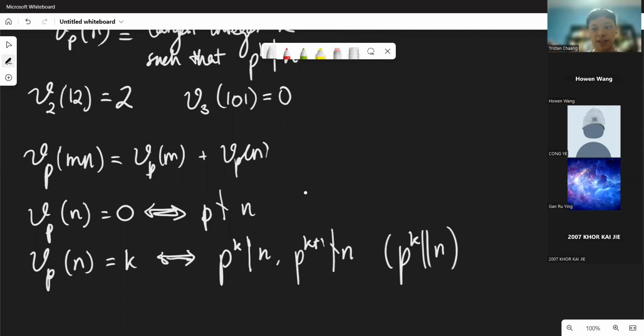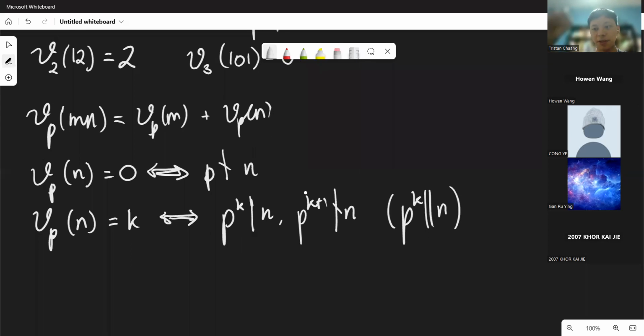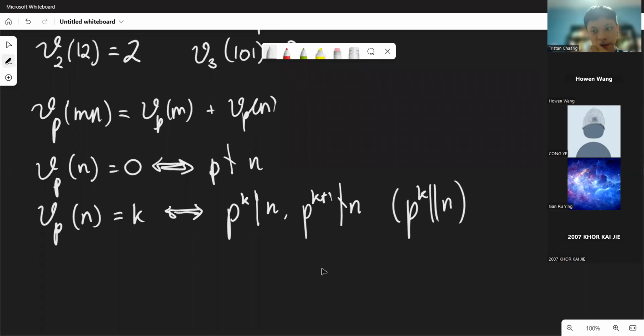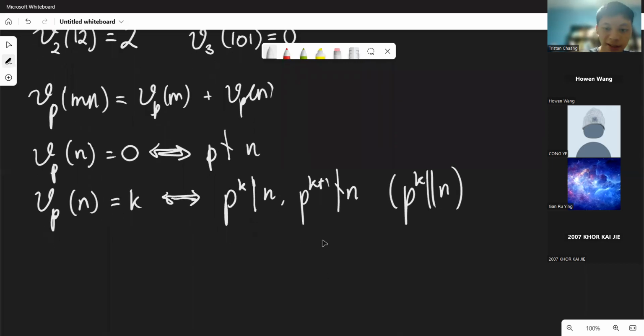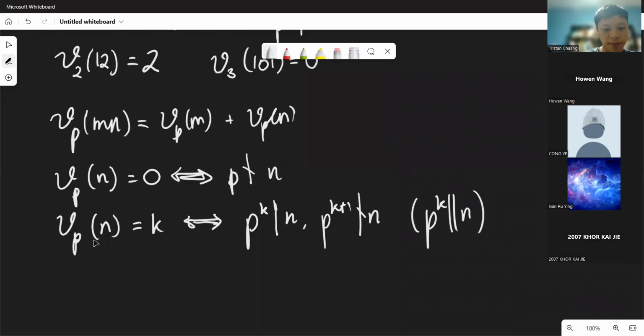Of course, you have to write it in this notation. You cannot write 1 double stroke n, that doesn't make sense. So you have to write it as p to some power and then double stroke n. And that would mean that the VP of n is k. So you want to prove that n is not divisible by p to the k plus 1, but is divisible by p to the k.